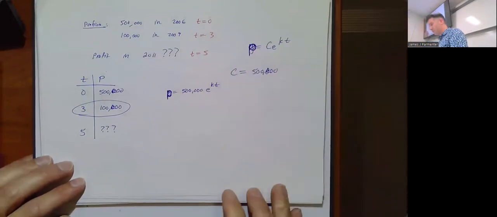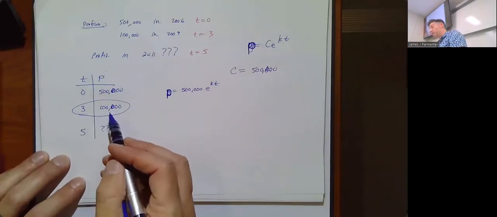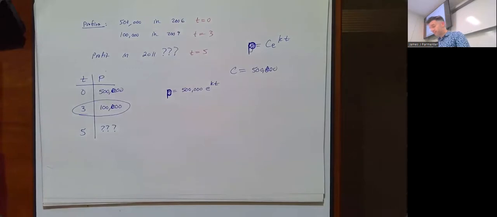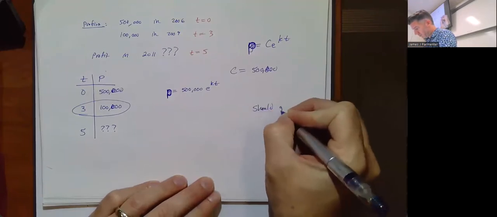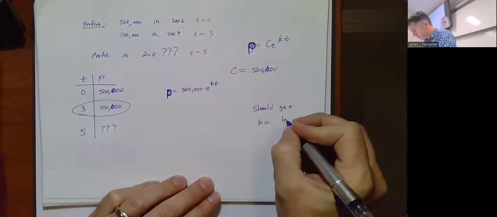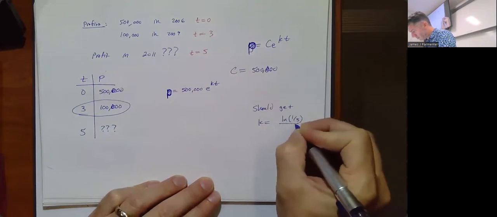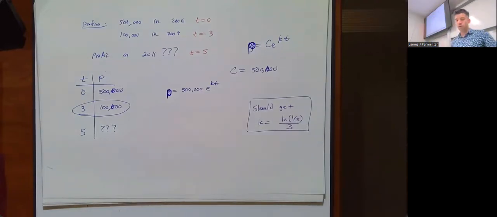So I want you all to use t equal to 3 and p equal to 100,000 to solve for k. That's what you should get for k.